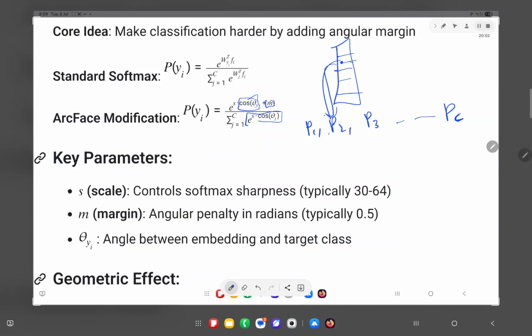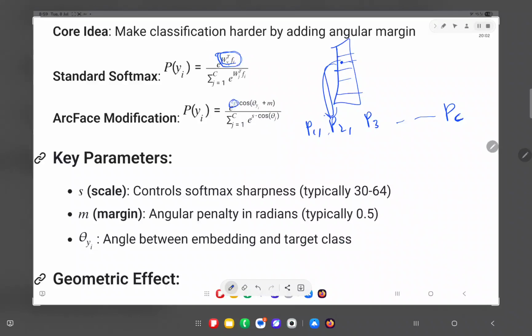In original softmax we just have one part, that is W cross F, where W is the weight matrix and F is the feature vector, and that is just a dot product. So we have modified the dot product a little bit.